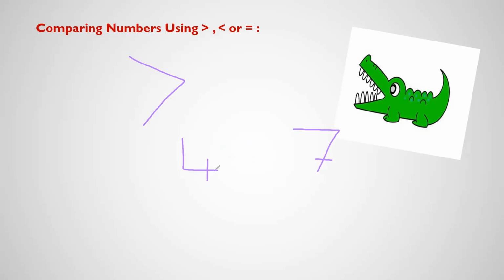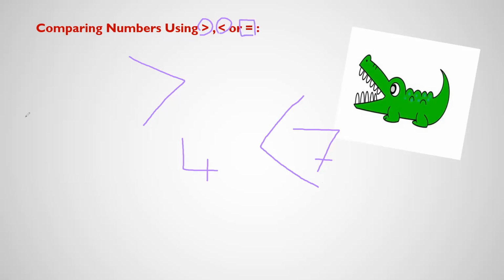And here, which is bigger, 4 or 7? Of course, 7. So because it's so hungry, it will go and eat number 7. So we are going to put one of these 3 signs. This is called greater than, this is less than, and when we have the same number, we put equal to.